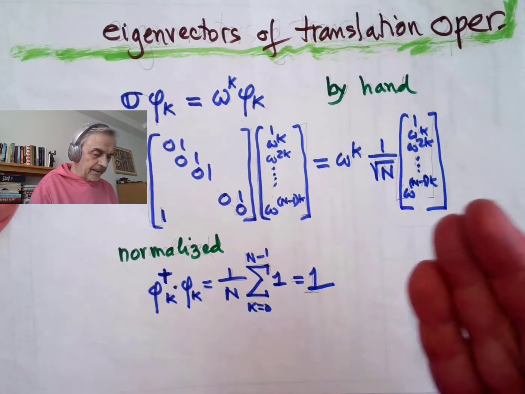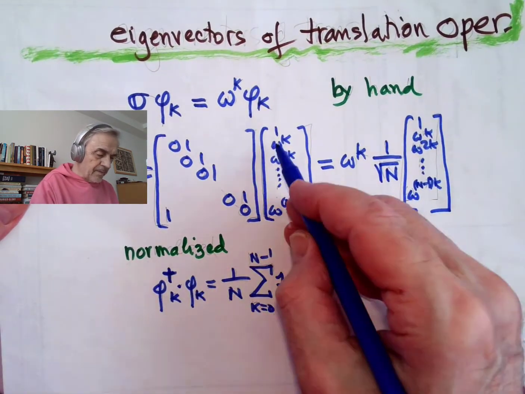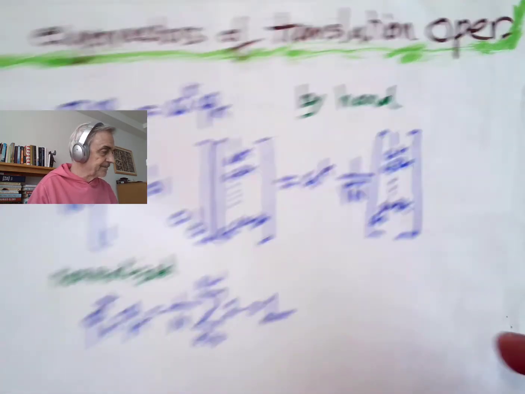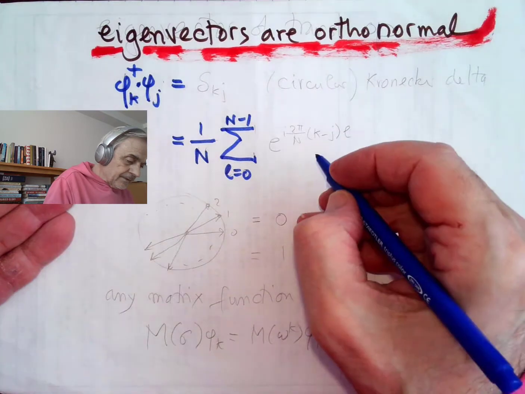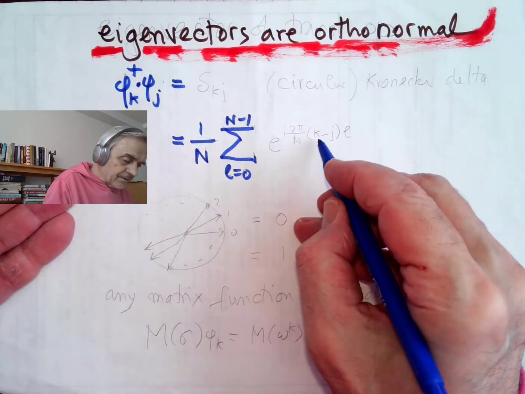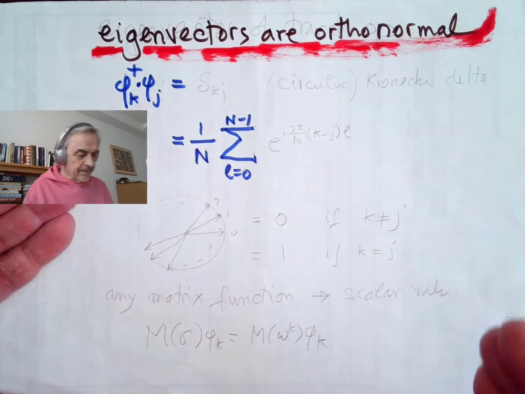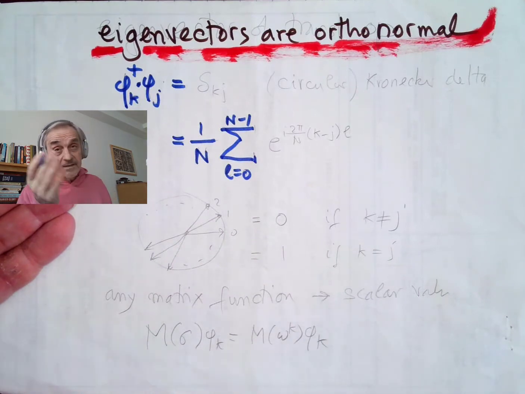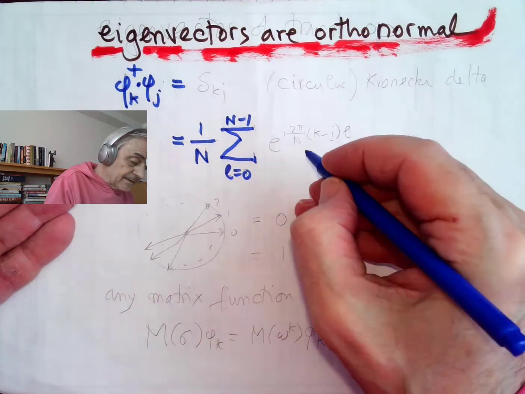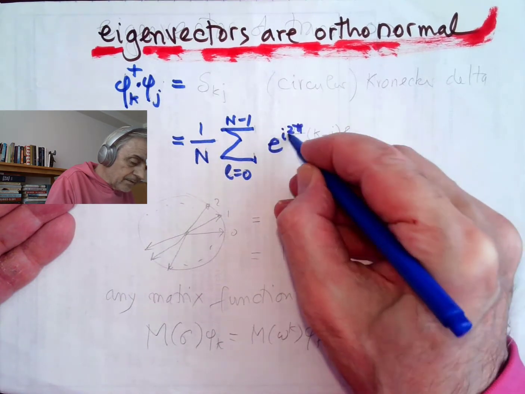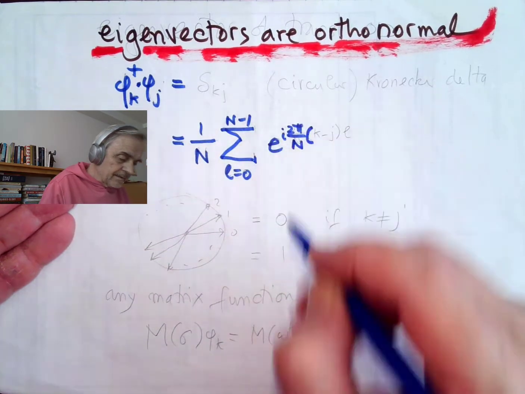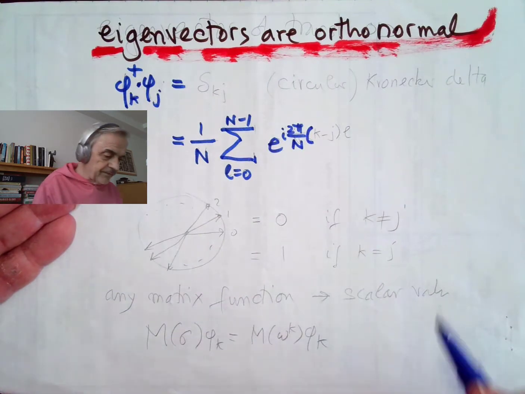And if one is transposed, there will be minus signs in the exponent. By our definition of omega, you get e to the i 2 pi over n, that's just omega itself.